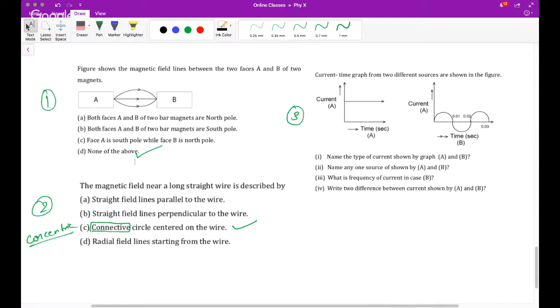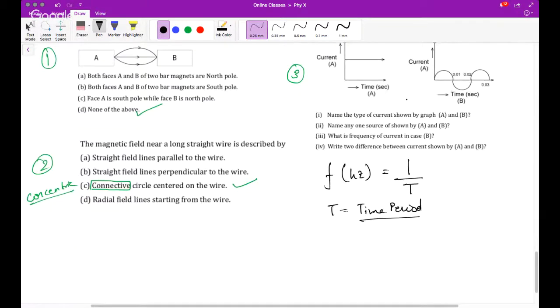Okay, what is the frequency of current in case B? Find out the frequency. What is frequency? Number of cycles per second. 50 hertz. Good. So in this case, 50 hertz. Why? Because frequency f in hertz is given by 1 upon T, where T is the time period.